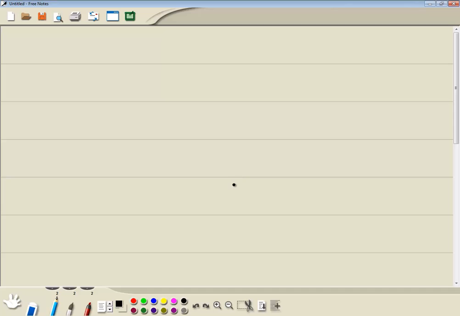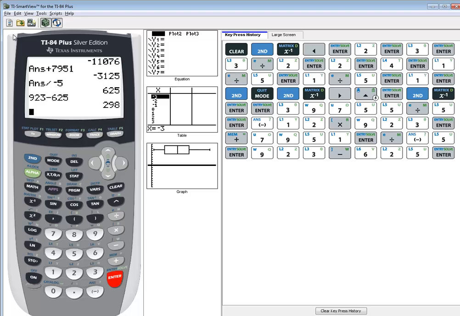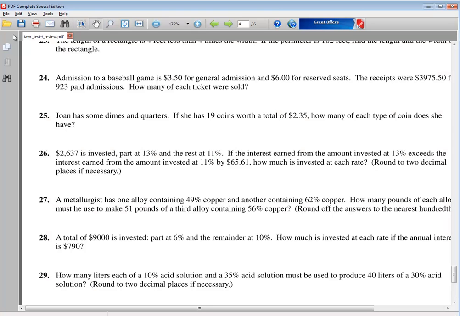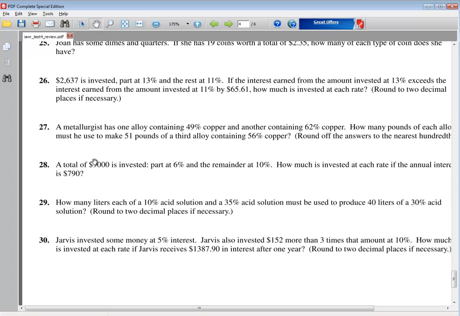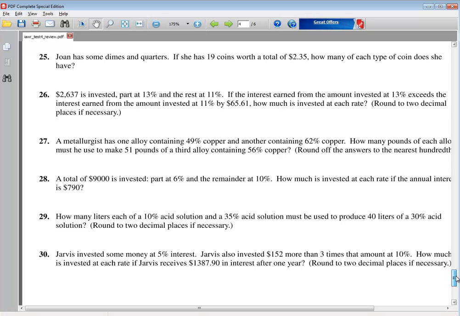Now let's take a look at number 25. Joan has some dimes and quarters. Okay, so we got dimes and quarters, and I got 19 coins total.